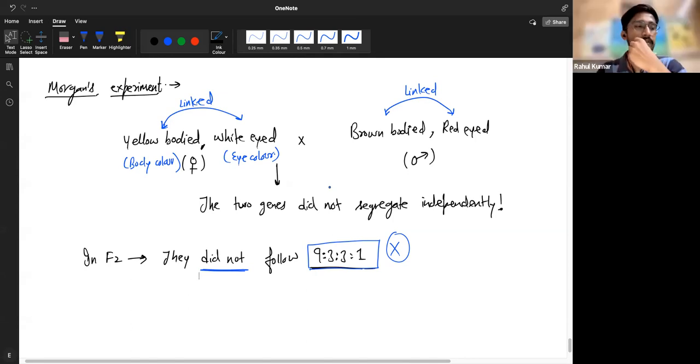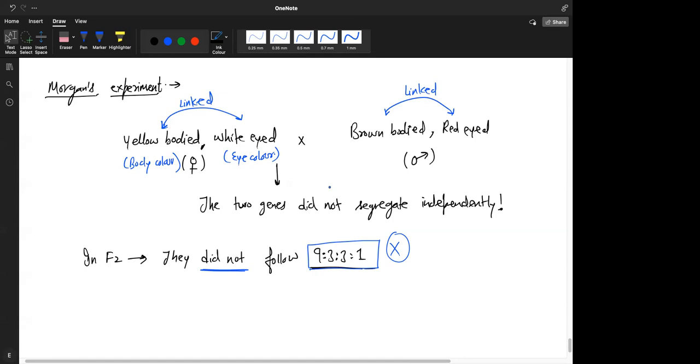And he coined the term linkage. Both linkage and recombination, both terms are given by Morgan.